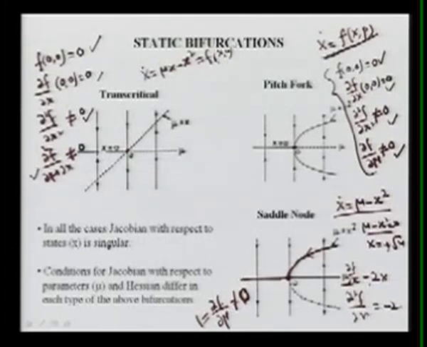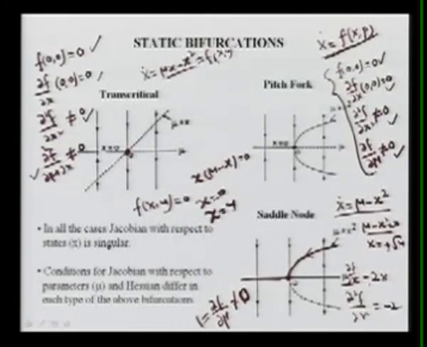Here you can say the point of the bifurcation, again the point that we are starting, that is f(x, mu) equal to 0. If you are solving this, what is it showing? It shows x(mu minus x) equal to 0, which means x is equal to 0, and x is equal to mu. So you are having the two.